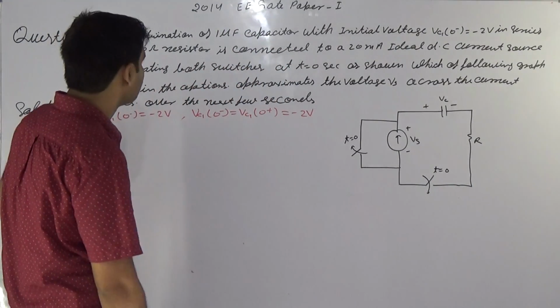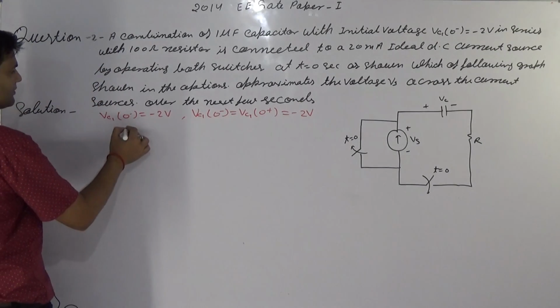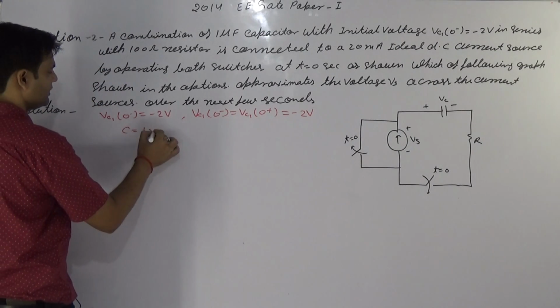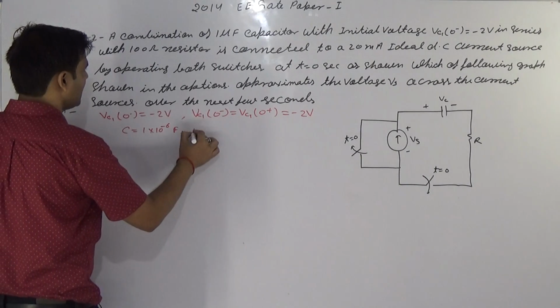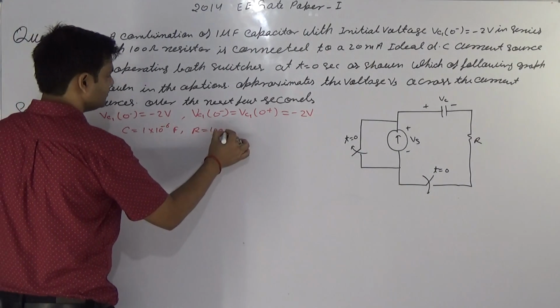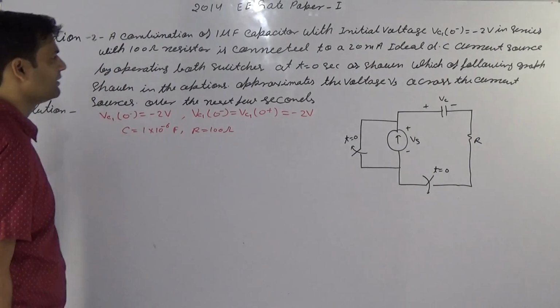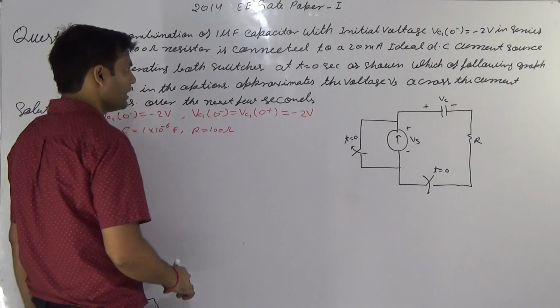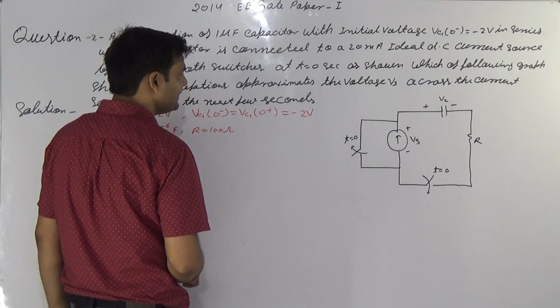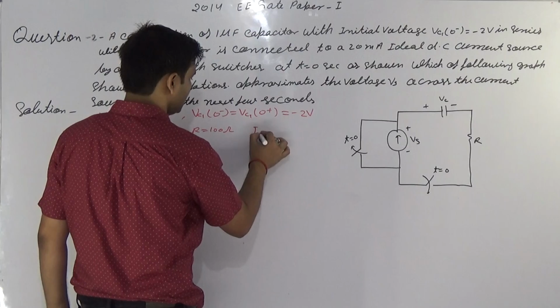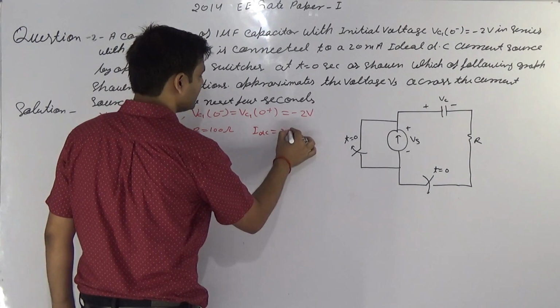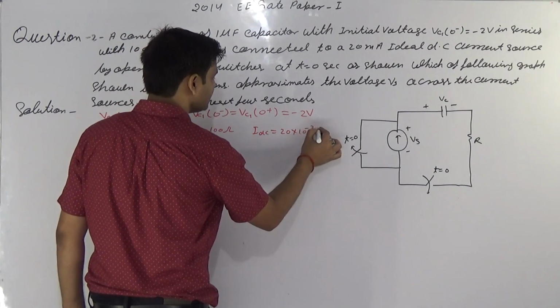With C equal to 1 into 10 to the power minus 6 farad, R equal to 100 ohm, connected to a 20 milliampere ideal DC source, this is 20 into 10 to the power minus 3 ampere.